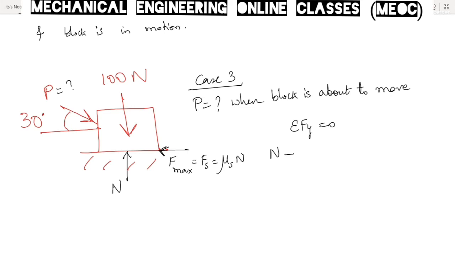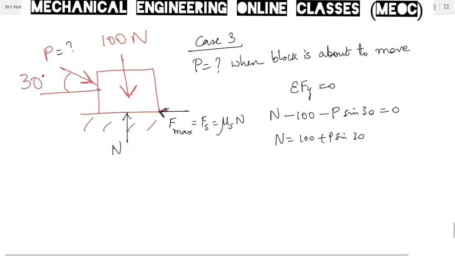So N minus 100 minus P sin 30 is equal to 0. P value is what we have to find. So N can be written as 100 plus P sin 30. This is one equation. Now let us write sigma Fx equal to 0, condition of equilibrium.